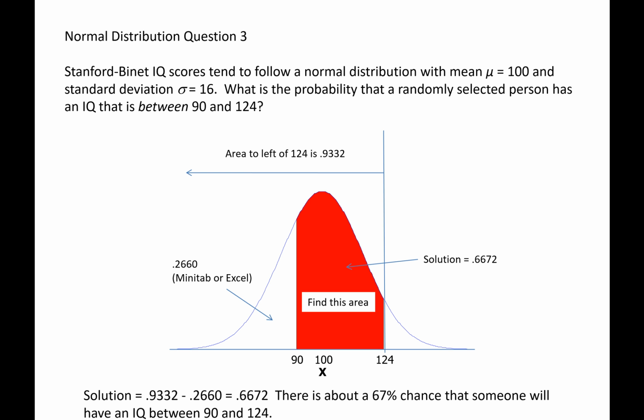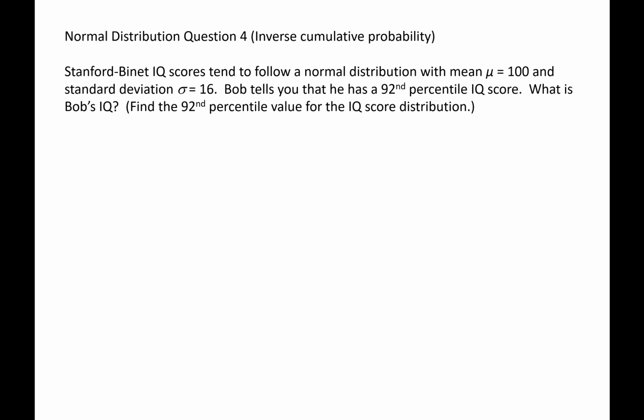So let me re-emphasize that it's very important that you understand how to do everything that we've done in this video up to this point, because almost everything else we do in this class is going to be based on this. The question often comes up of the inverse cumulative probability.